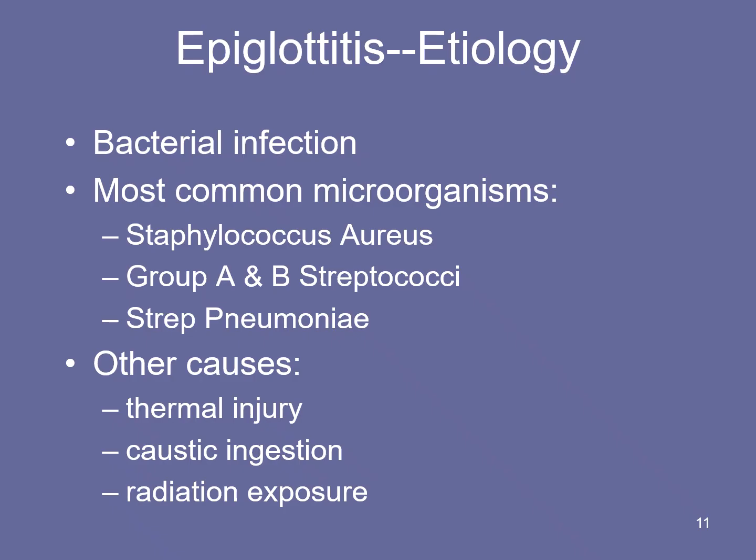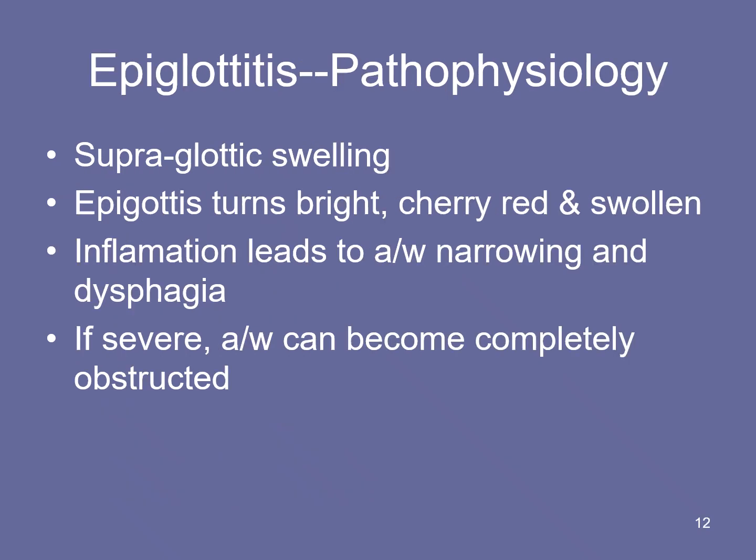Other causes include thermal injury, caustic ingestion, and radiation exposure, whether intended or incidental. Incidental would be exposure through some sort of industrial accident, which would be the unintended, or it may have been an intentional exposure if it's some sort of treatment for cancer or head and neck cancer.